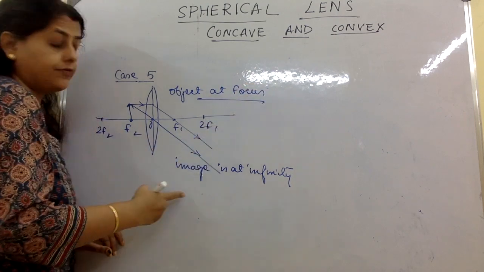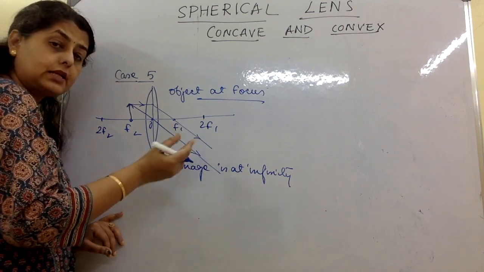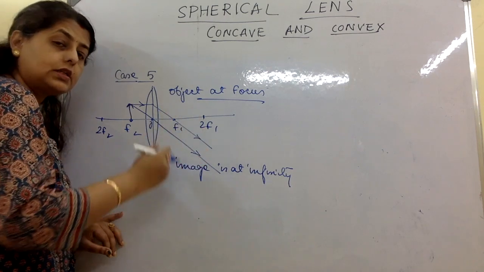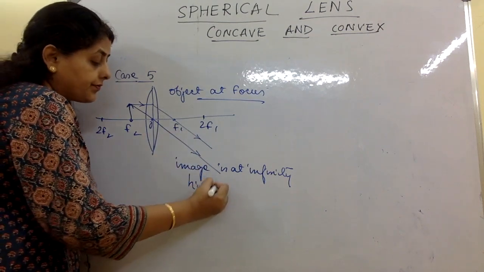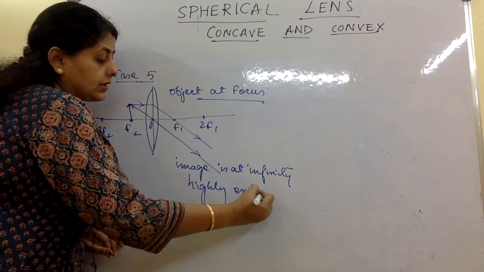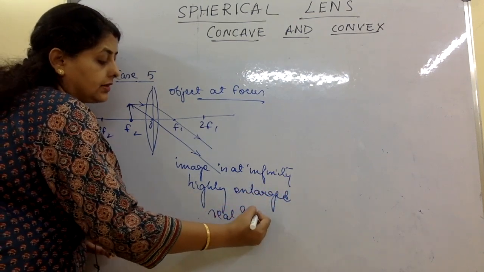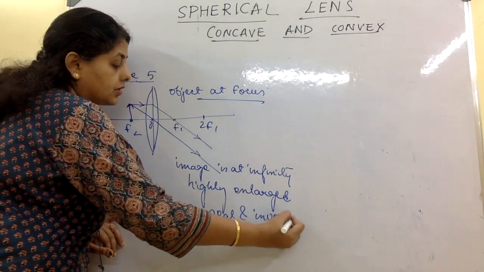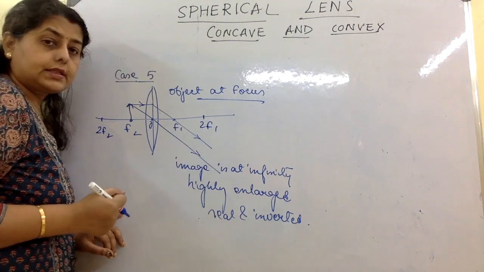If parallel lines meet at infinity, hence the image is at infinity. Highly enlarged. Also real and inverted. So these are the characteristics.